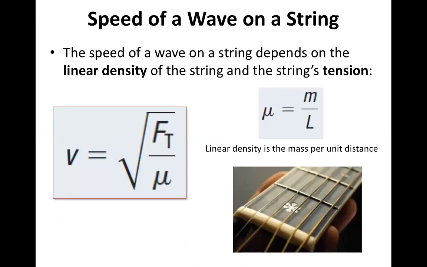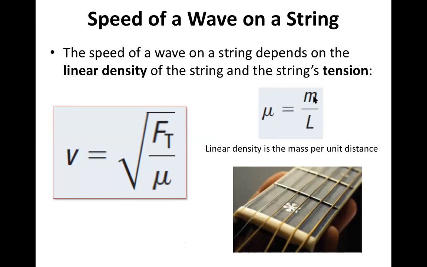Another kind of wave that you might have is the wave on a string. The speed of the wave on the string depends on something called the linear density and the string's tension. We've learned about tension before, F_T. We've never learned about linear density.